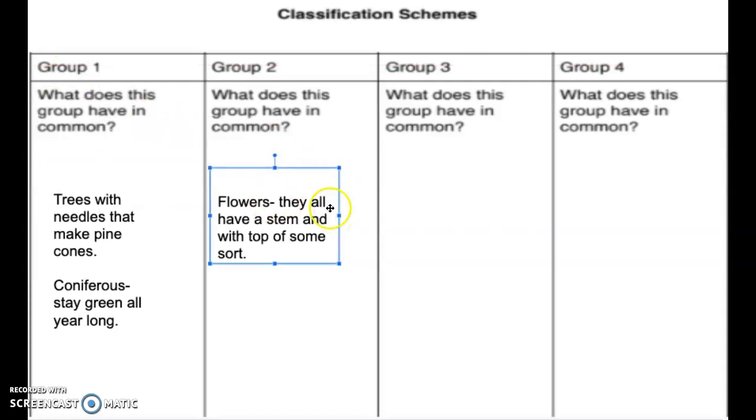Flowers. And what do they have in common? They all have a stem and have some kind of top with petals. Okay. All right. Let's move on to group 3.